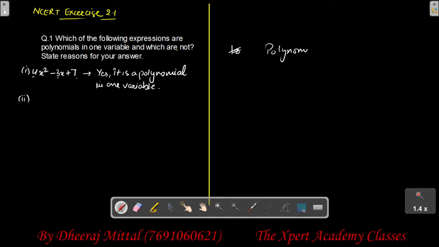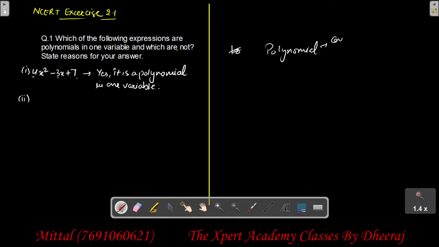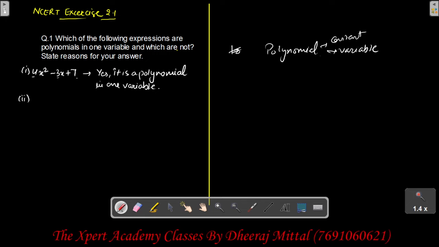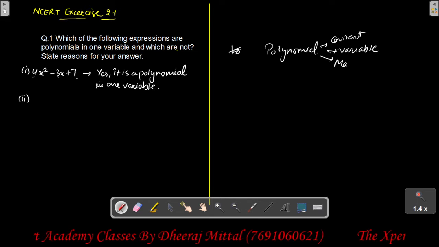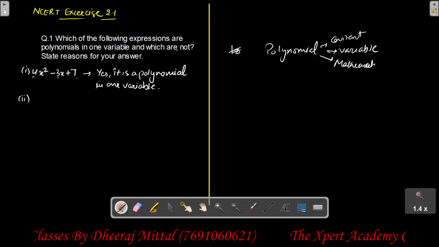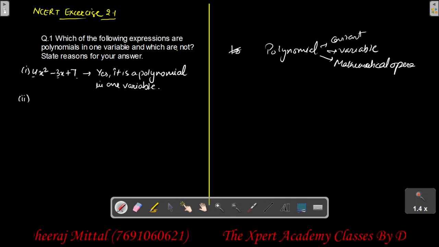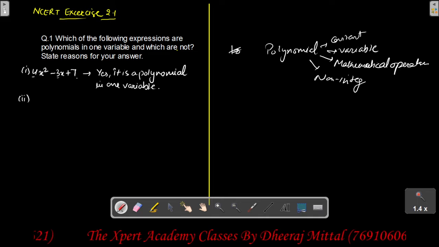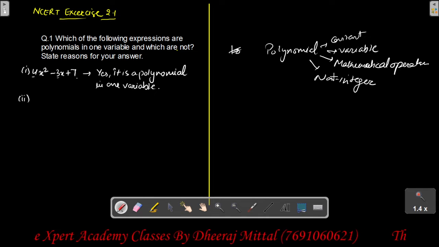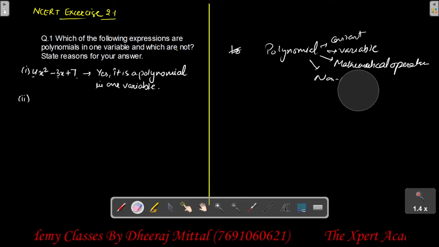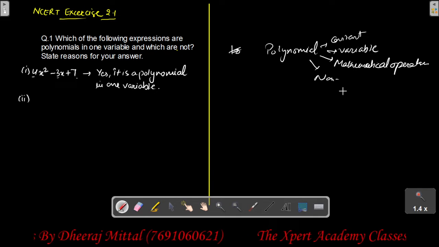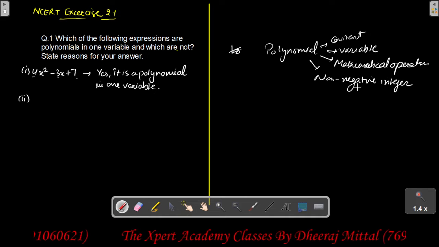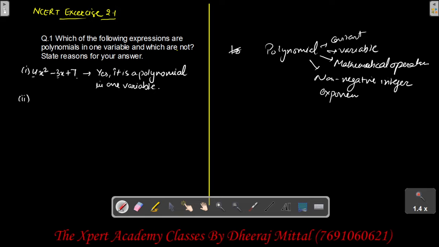To be a polynomial, there must be constant, variable, mathematical operator and non-negative integer exponent.